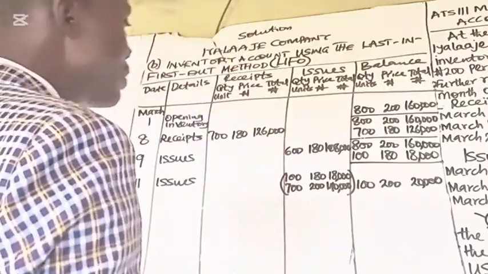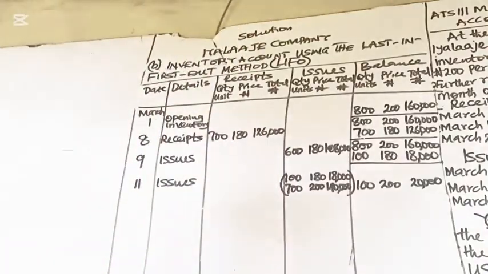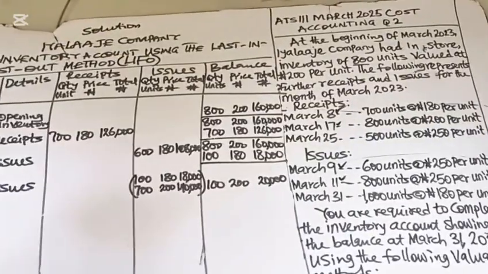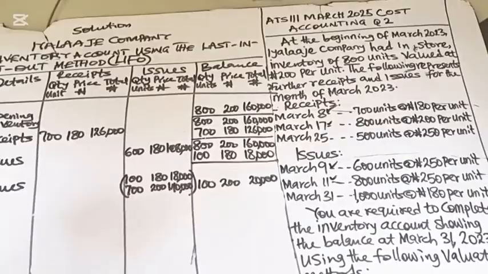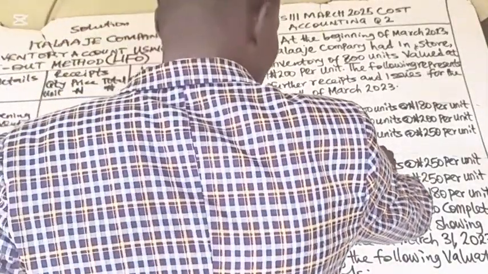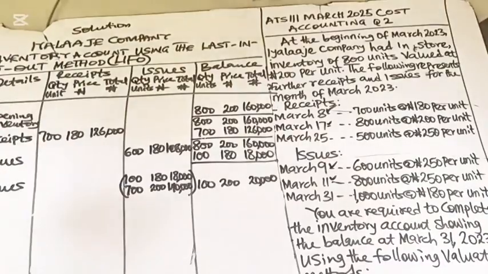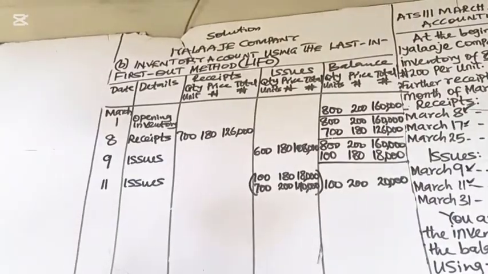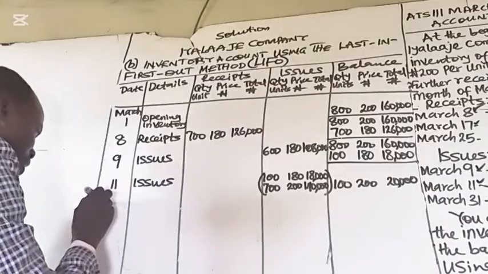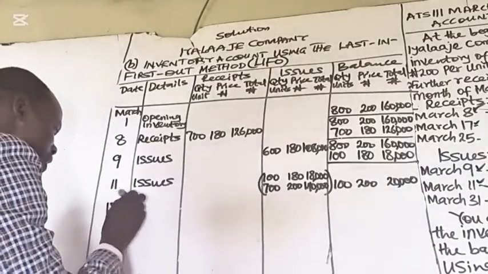Now, after the 11th of March, then you have 17th of March. On the 17th of March, you receive additional 800 units at the price of 200. So March 17, you have receipts.